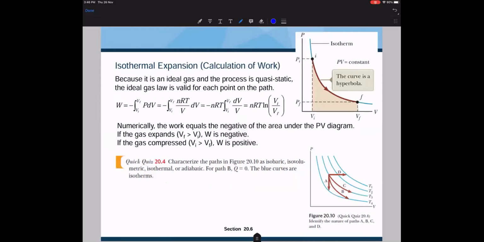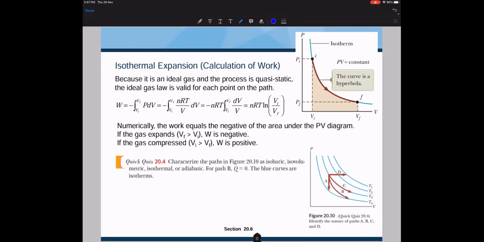And when we consider the work on the system during the isothermal process, we may do the following calculation. But once again, we would give you the equations in the final exam, so there's no worry about doing the integration.